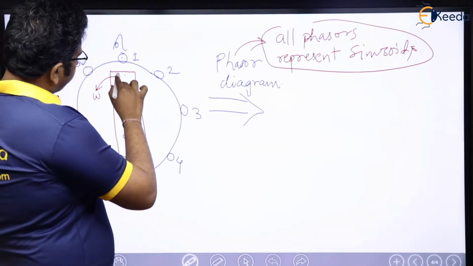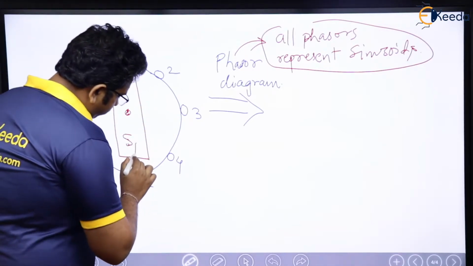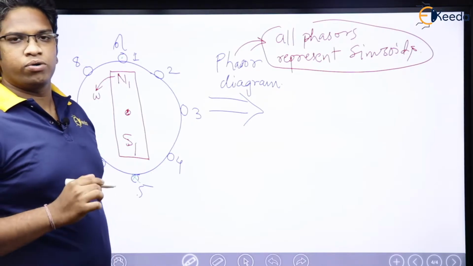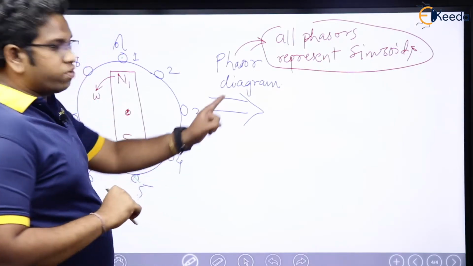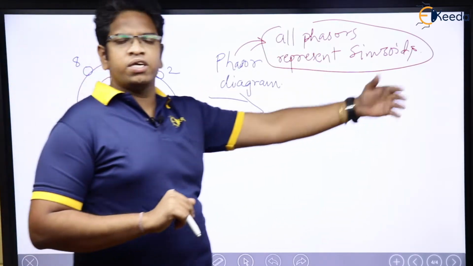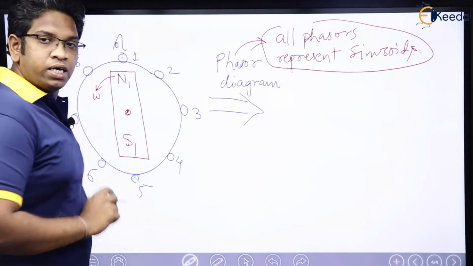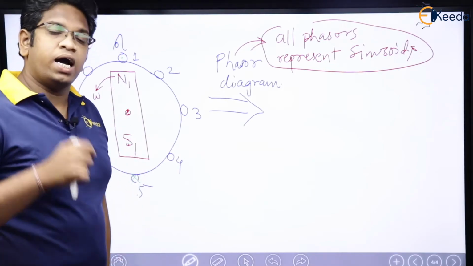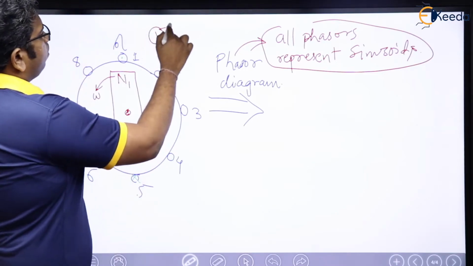Rather, I should use N1 and S1 in order to get the phasor diagram. From here only the equations will come afterwards. So I cannot take SF and NF here. I have to take N1 and S1. Why? 1 represents the fundamental.